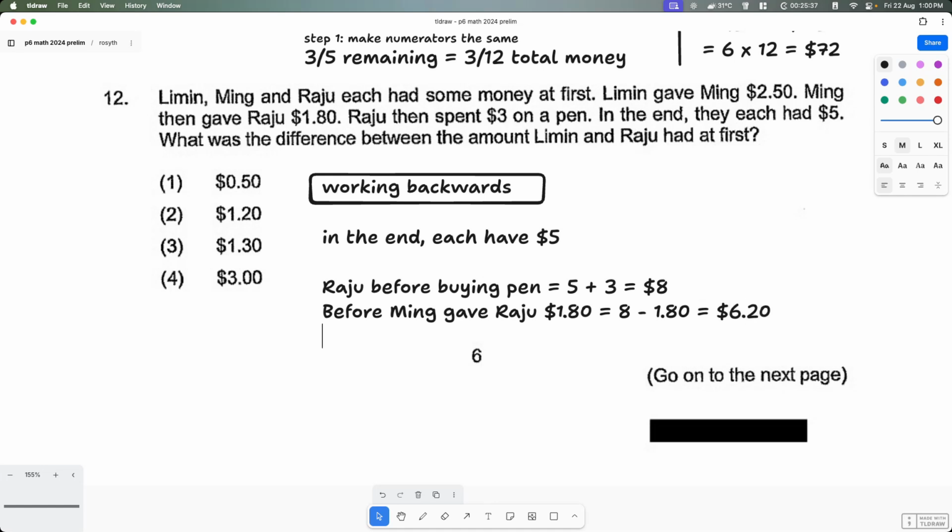So Raju had 6.20 before Ming gave, and then Li Min gave Ming $2.50.